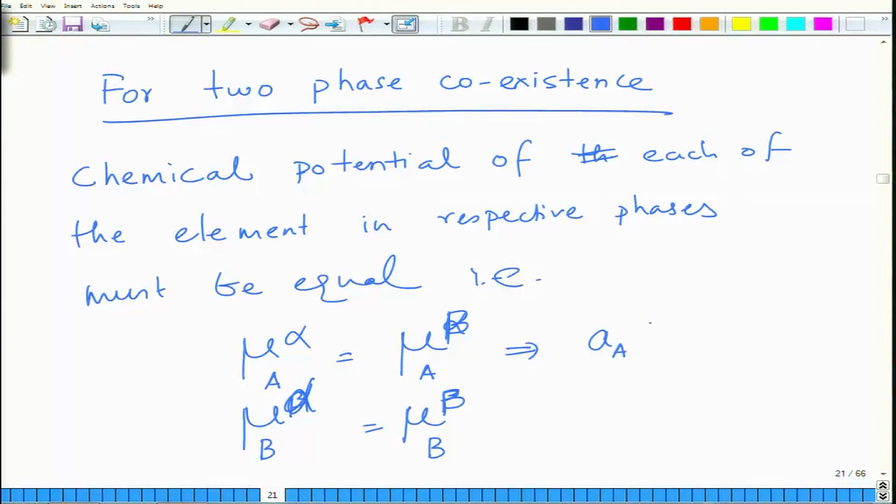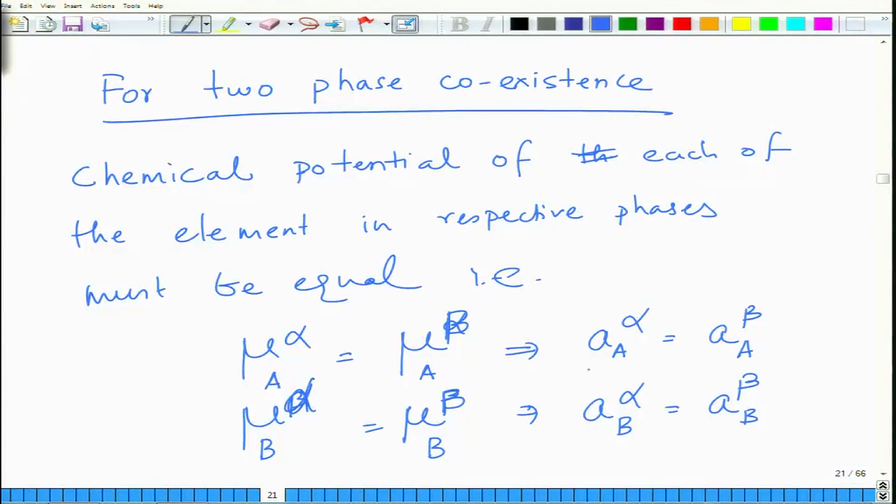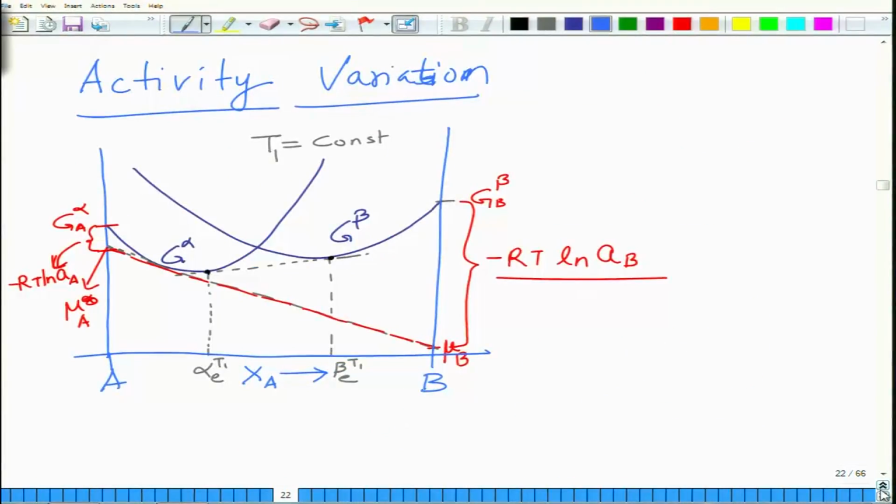The chemical potential of each element in the respective phases must be equal. That is, mu A alpha is equal to mu A beta, and mu B alpha is equal to mu B beta, which implies A A alpha is equal to A A beta and A B alpha is equal to A B beta.